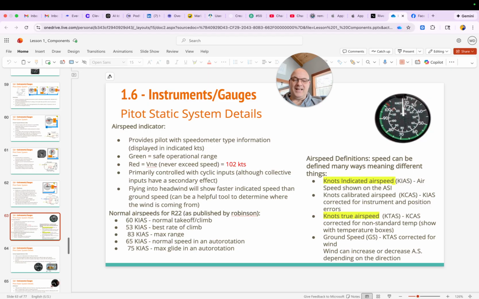Knots indicated airspeed is the airspeed shown on the airspeed indicator as is. That's what you see. Calibrated airspeed is corrected for instrument and position errors. True airspeed is corrected for non-standard temperatures, shown with the temperature boxes. And then ground speed is the true airspeed corrected for the wind.